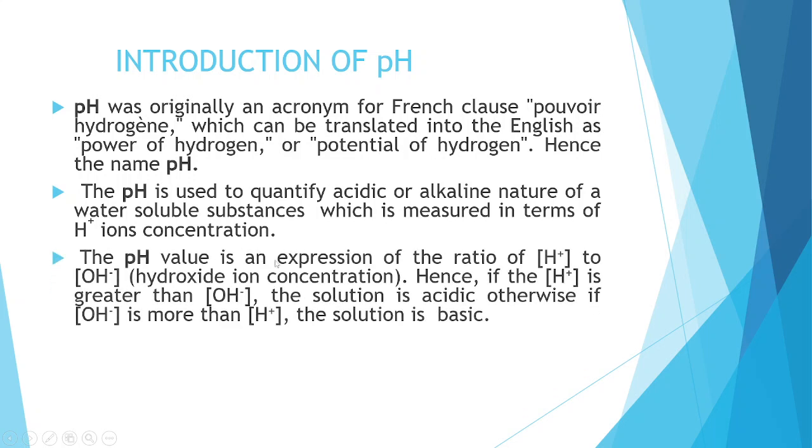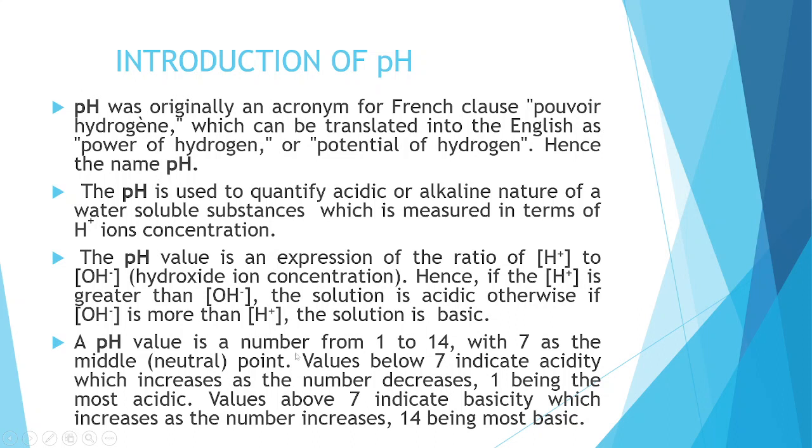The pH value is an expression of the ratio of hydrogen ion concentration to hydroxide ion concentration. Hence, if the hydrogen ion concentration is greater than the hydroxide ion concentration, the solution will be acidic, otherwise it will be alkaline or basic.